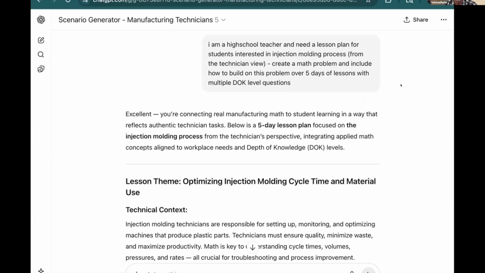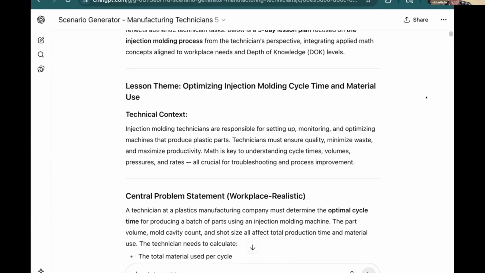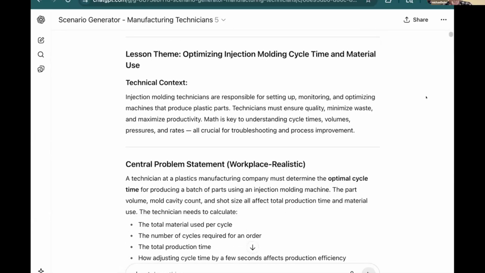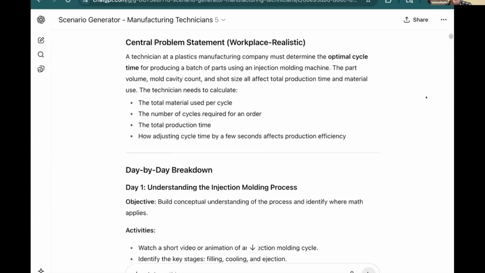Okay. So we asked the question that we were a high school teacher and we needed a lesson plan. We wanted a week's worth of lessons introducing the injection molding process. And we were told that was excellent, so we were very excited about it. It came up with the lesson theme and the central problem.